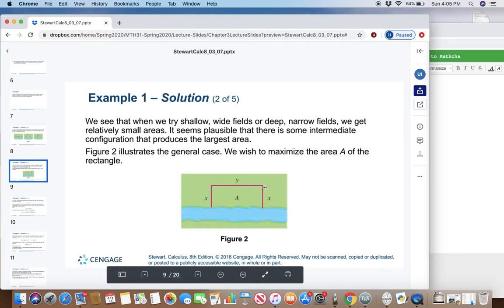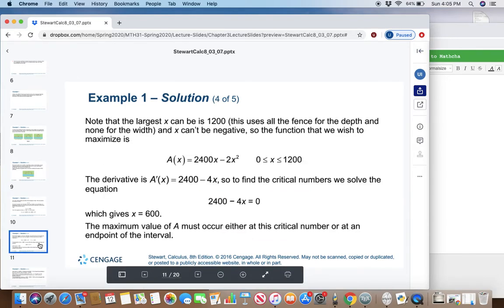So 2400 means this will be 1200 each. That's the maximum x can go. The maximum it can go is 1200 and the minimum it can go is 0. Distance cannot be less than 0. So x is between 0 and 1200.